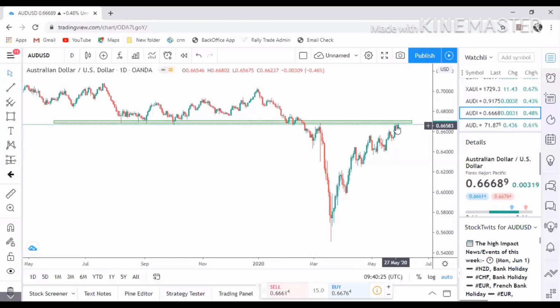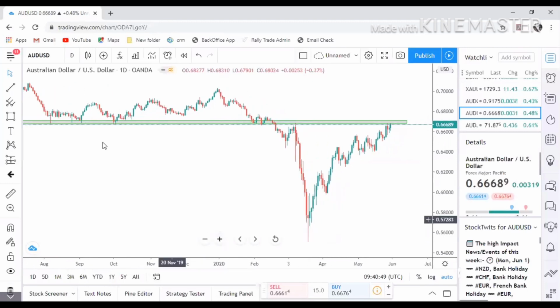The market makers might come in and use what the retail trader knows against them. They know all retail traders are going to be selling at this point, so they'll blast off this resistance and take away everybody's stop loss while they make profit. So, let's look at what I am looking at doing for this pair.